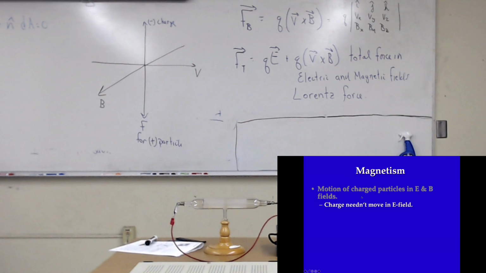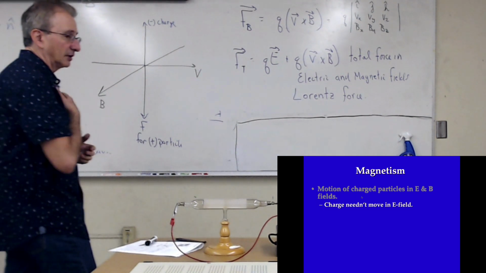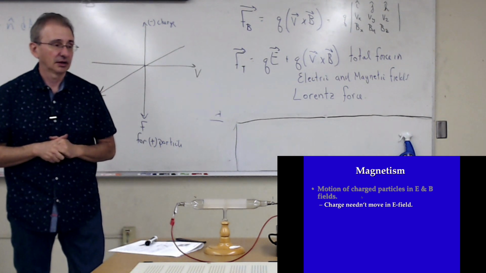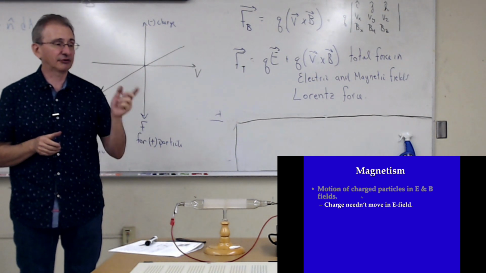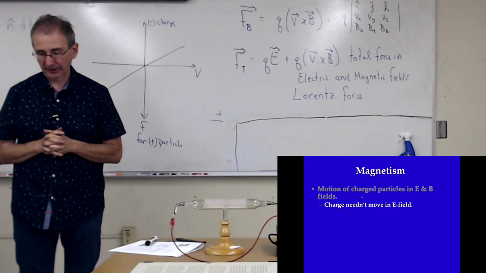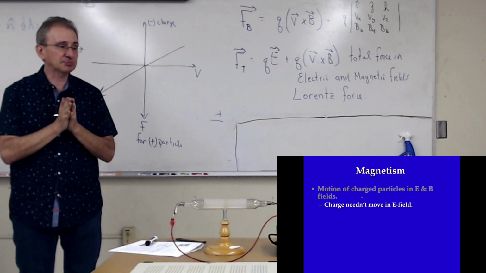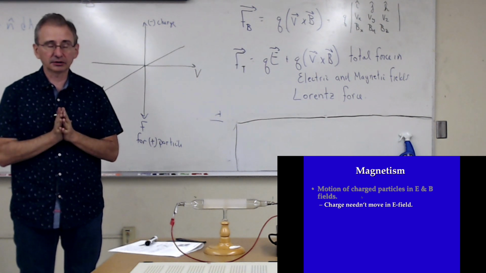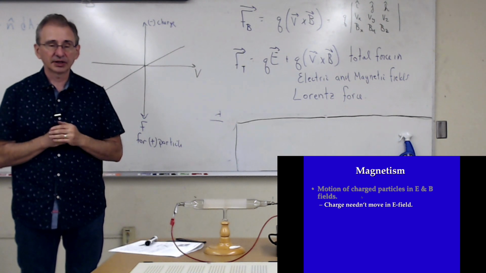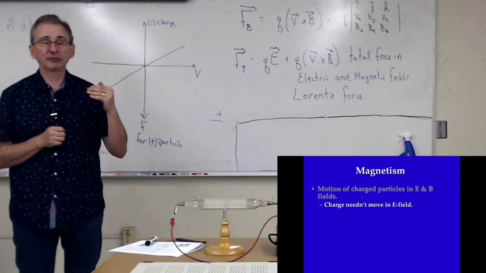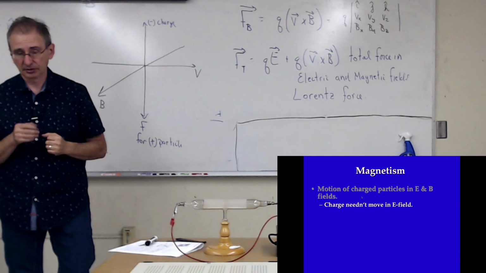So again, let's compare the charged particle moving in an electric field and in a magnetic field. If you have a charged particle in an electric field, it will experience a force even if the charge is not moving.